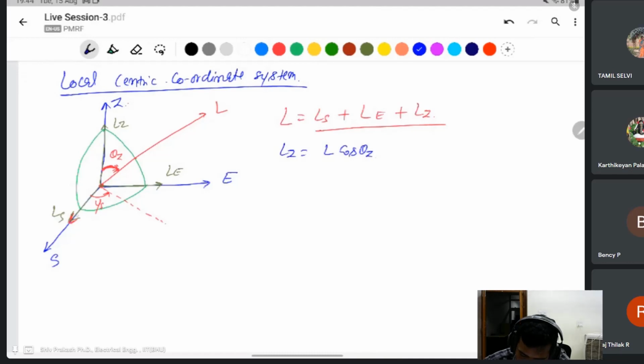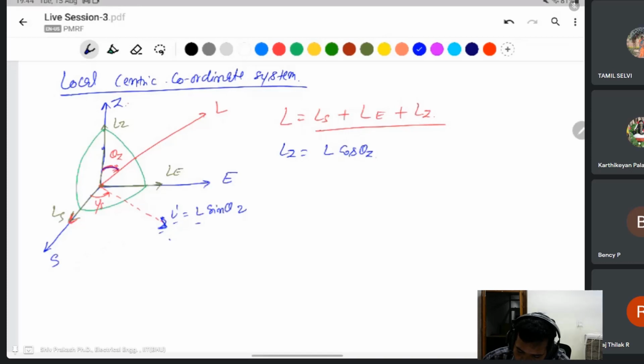If you take this one, L dash will be L sin theta z, because this is at 90 degrees, the horizontal plane surface of Z. Then this will be theta z, and the remaining is 90 minus theta z, then L dash will be L sin theta z.